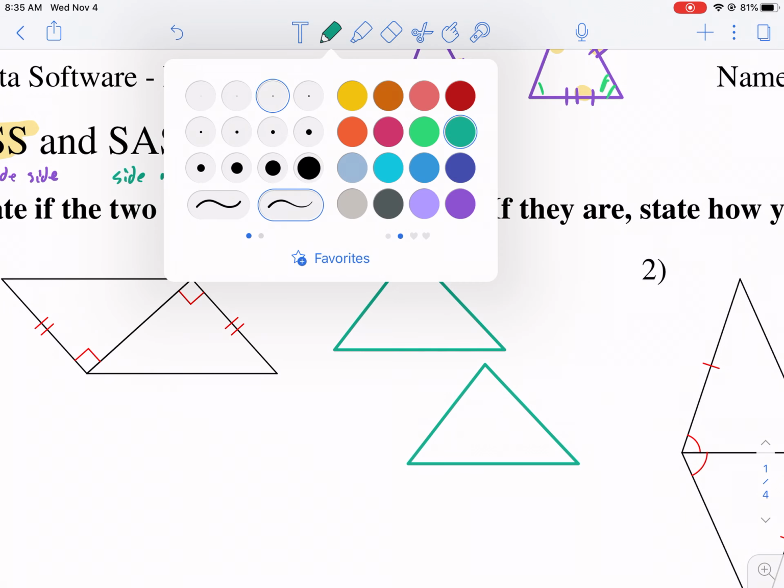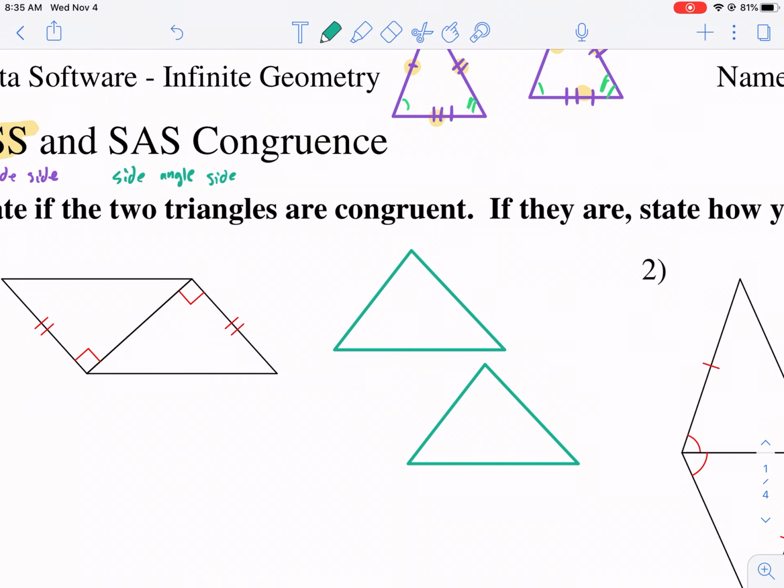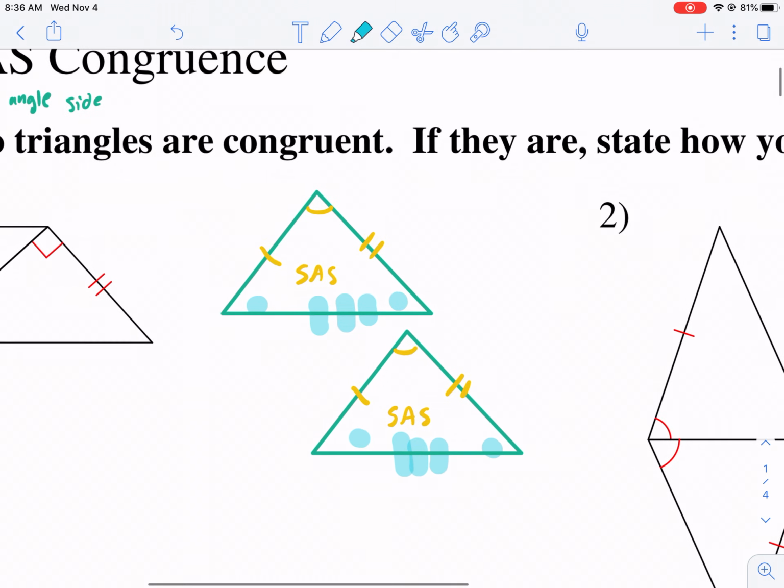But if we're given, I'm going to change color, that we have a side that's congruent to this side, and then an angle that's congruent, and then another side that's congruent, then these two triangles would be congruent based on SAS. That means the angles would also be congruent, and the last side would also be congruent, just based on the side, angle, and side.